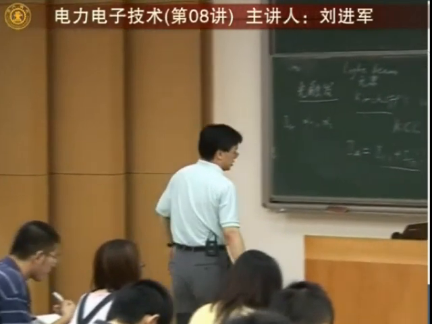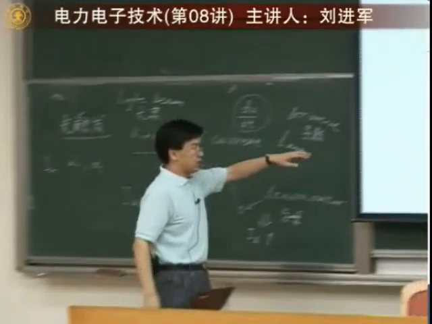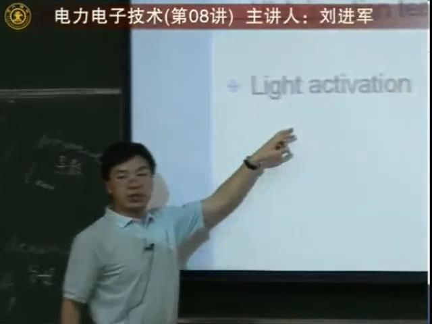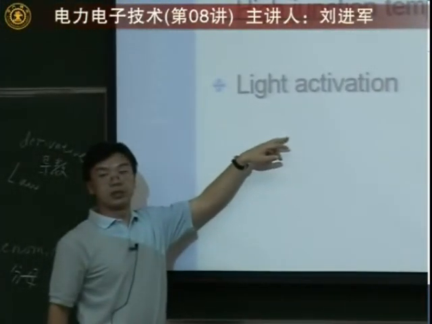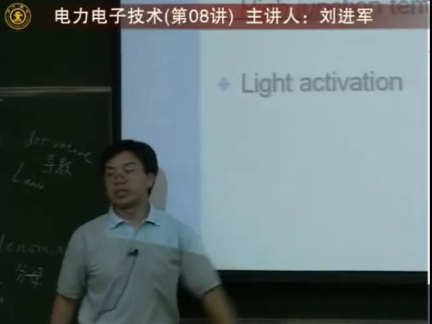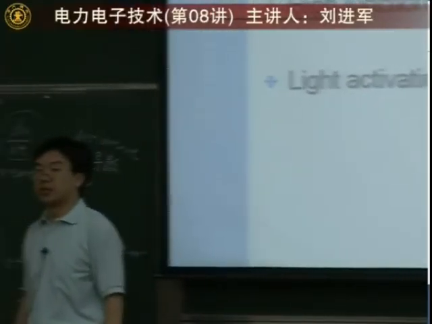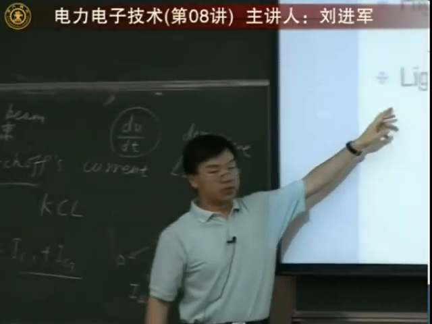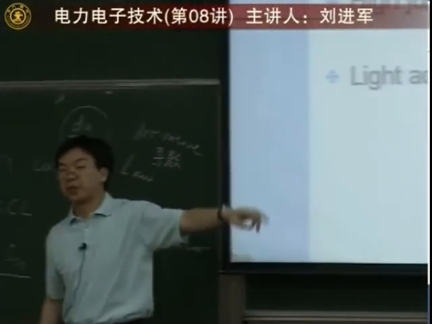So, introducing some light beam on the gate area is equivalent to injecting gate current. This is good.